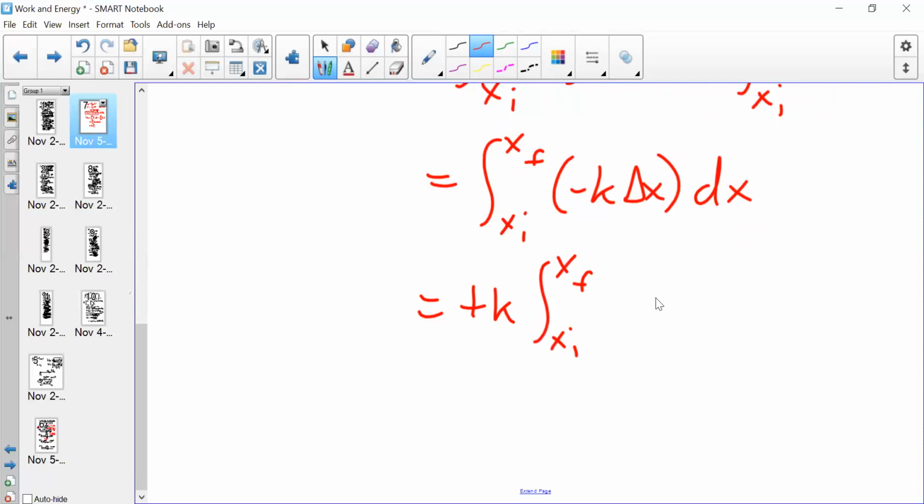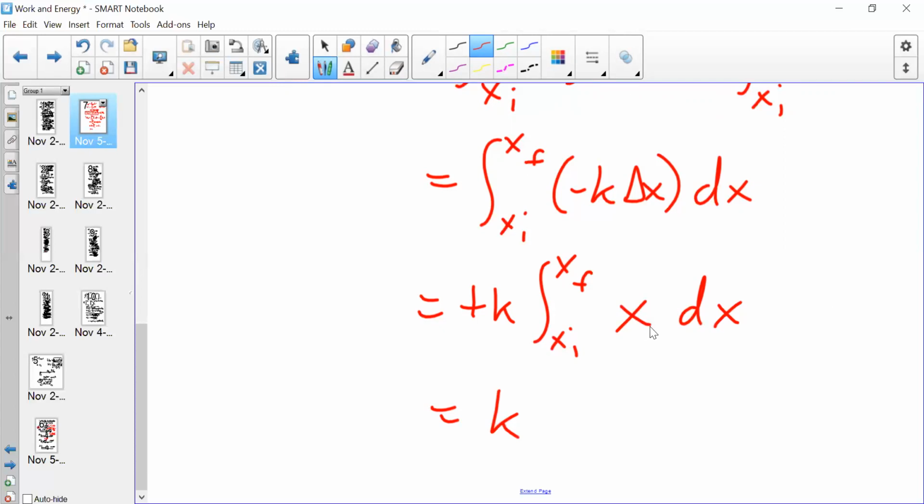This becomes x dx. I took out the delta because the delta is already taken care of by the limits, by the boundaries, the final and initial. So it's just x that we're trying to integrate.